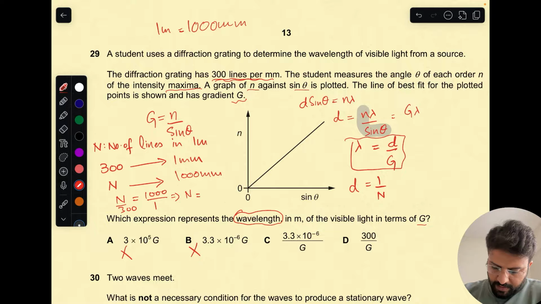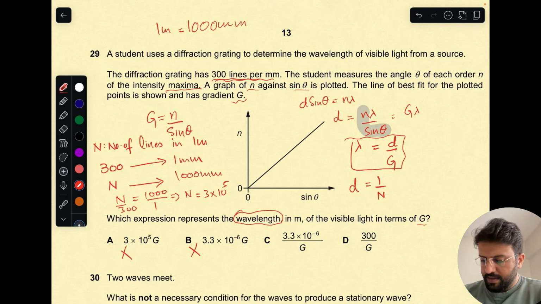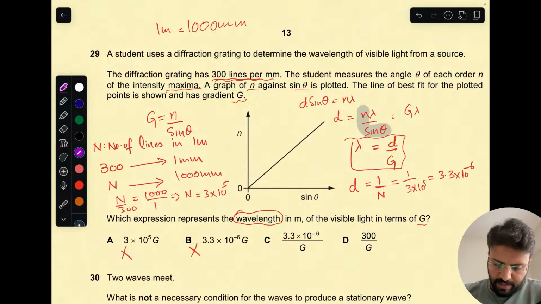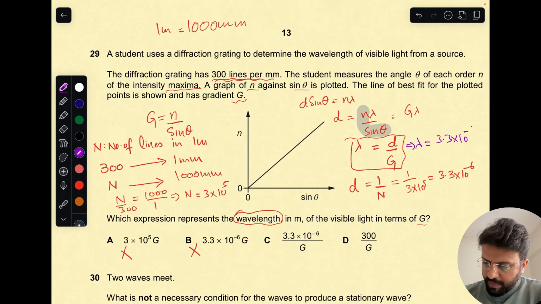So n will be equal to 300 multiplied by 1000, that will be 3 into 10 raised to power 5 lines. This n can be substituted here, 1 over 3 into 10 raised to power 5, that will give you 3.3 into 10 raised to power minus 6. So lambda can be written as 3.3 into 10 raised to power minus 6 divided by G. That is option C.